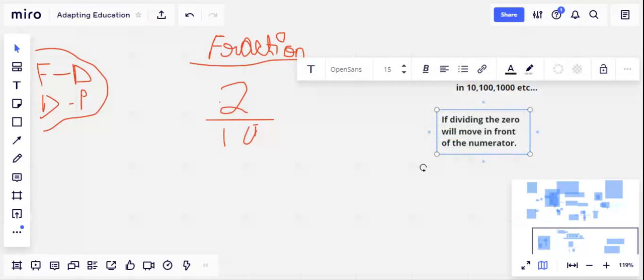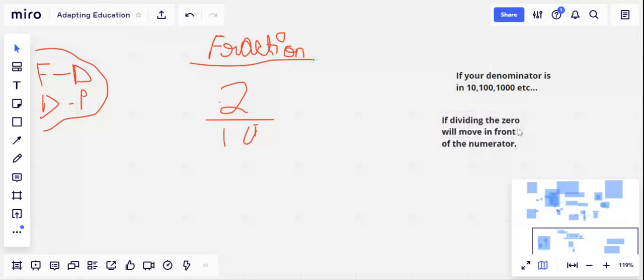Now let me explain this one. Right now it's dividing: 2 upon 10, 2 divided by 10. So how many zeros does 10 have? Only one. So this zero will move over here.